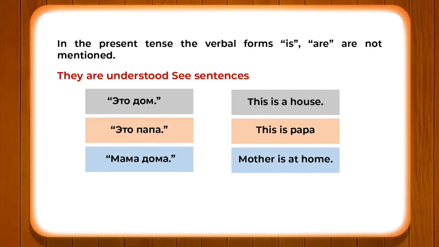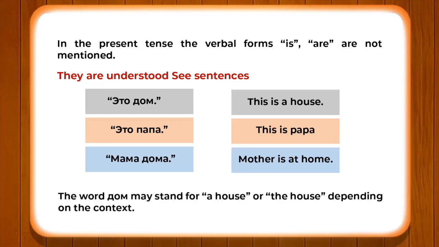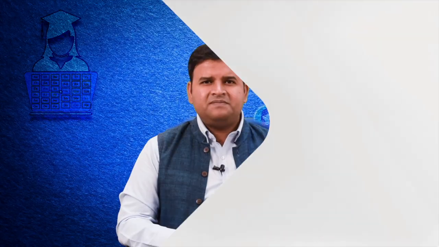There are also no articles in Russian. The word dom may stand for a house or the house depending upon the context. So, you must have understood fairly well what kind of arrangement we have in the Russian language, where depending upon the context the meaning of the sentence changes.